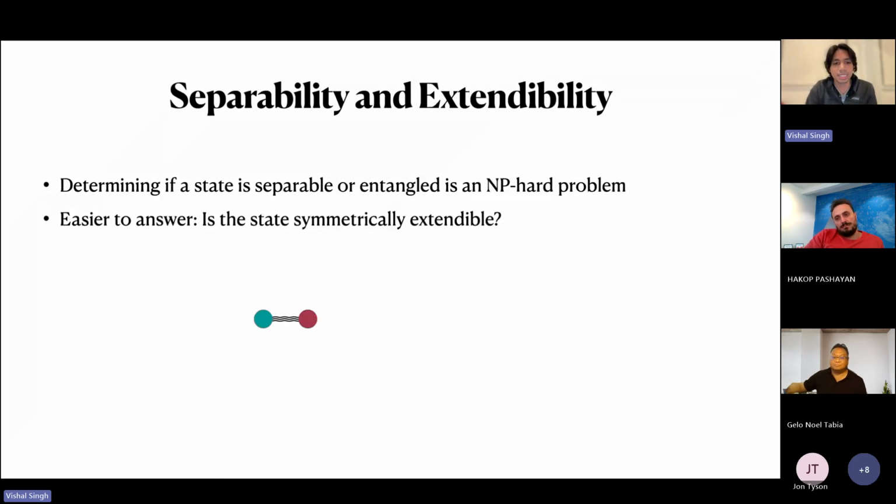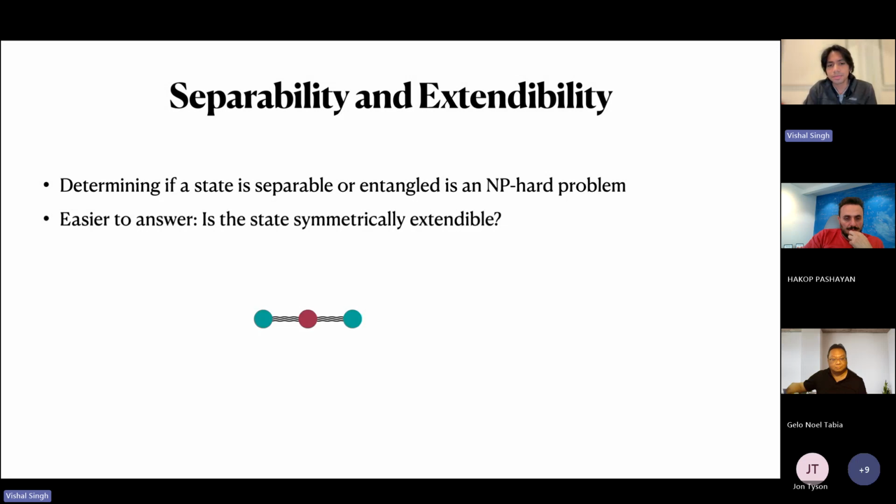What we mean is, let's say you have a bipartite state like this. Let's say Alice holds the red dot and Bob holds the blue dot, where each dot represents a qubit. And the question is, can you extend this state to a tripartite state such that there are two Bobs now, and the marginal of the two systems on the left-hand side is the same as the marginal of the two systems on the right.